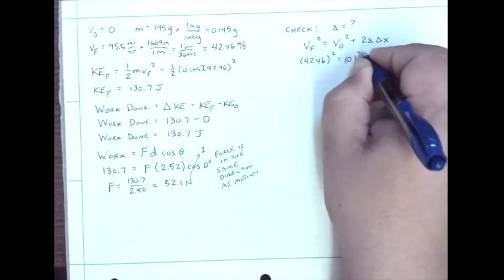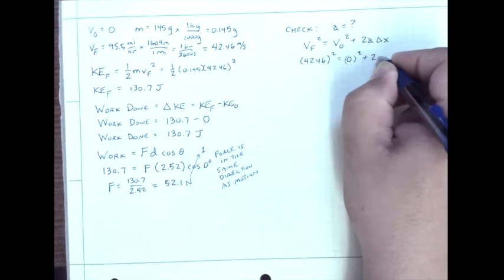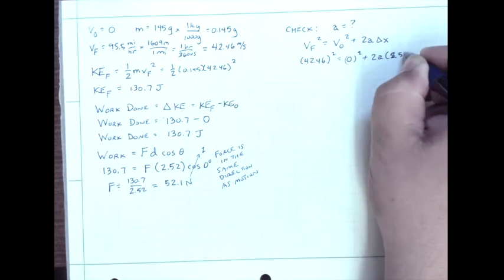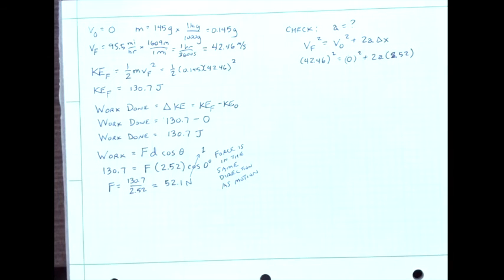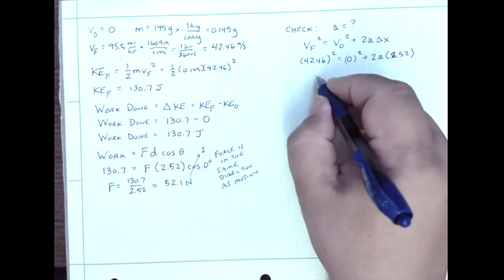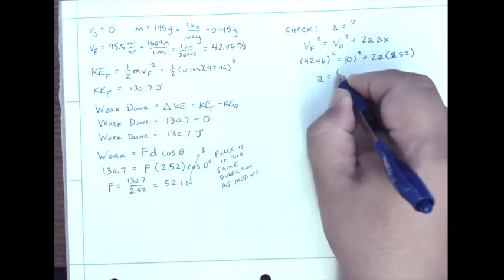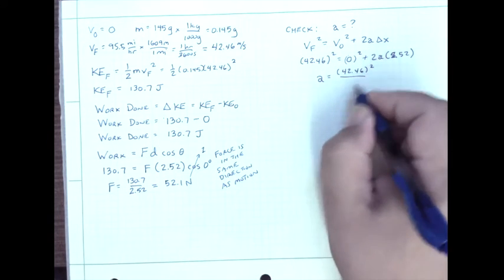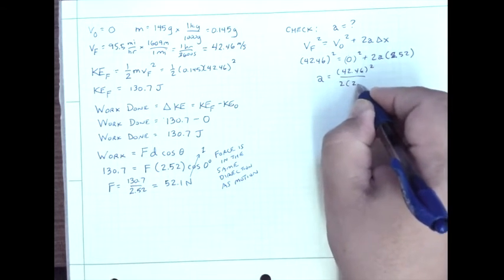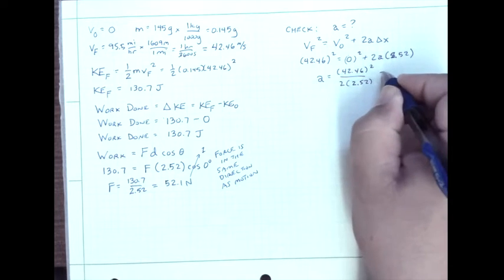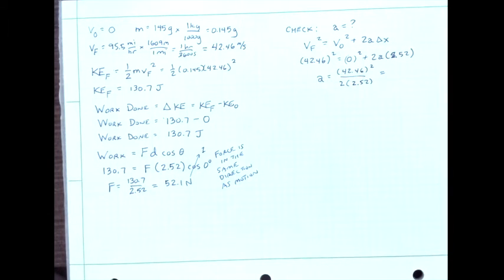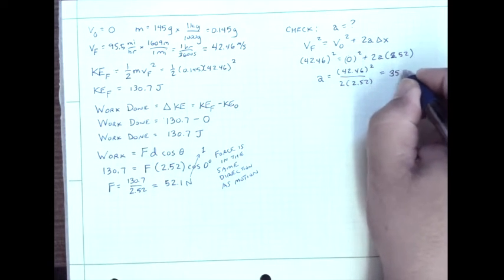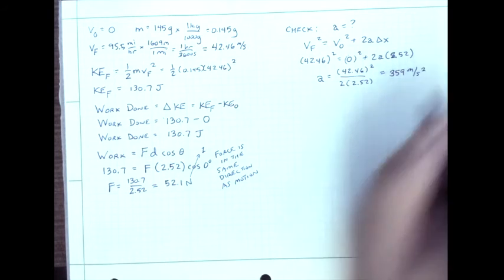The initial velocity is 0, and the displacement is 2.52 meters. So the acceleration is going to be 42.46 squared divided by 2 times 2.52, and that is equal to 359 meters per second squared.